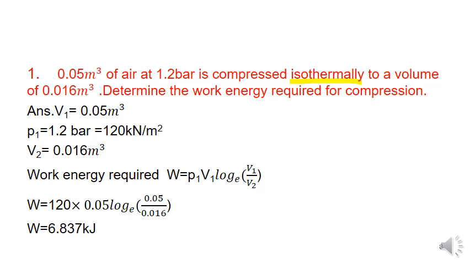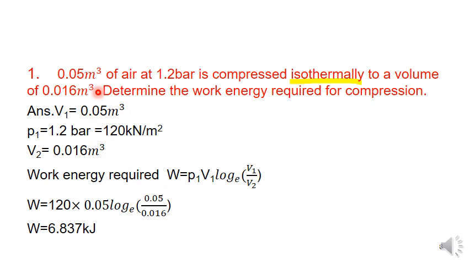First read the question carefully and identify which process it is. They clearly mention that it is an isothermal process, and isothermal means constant temperature process. First write the given data and write the formula required.